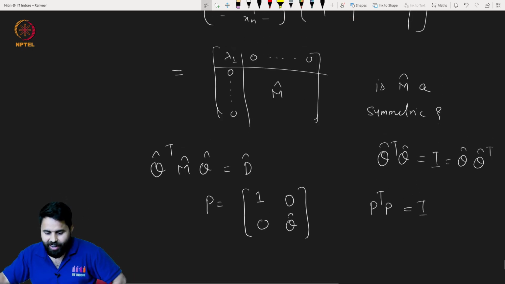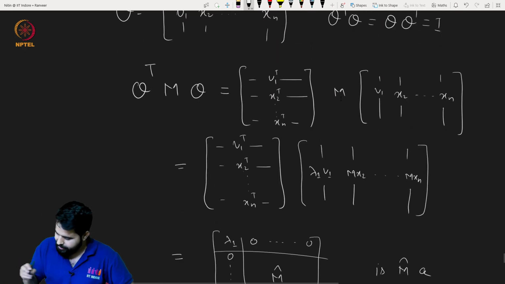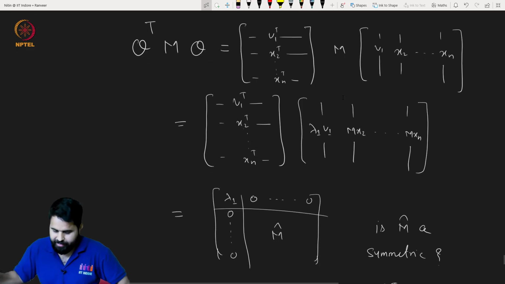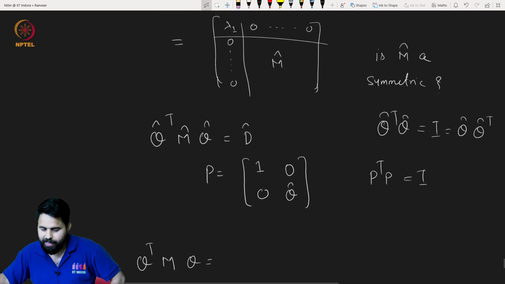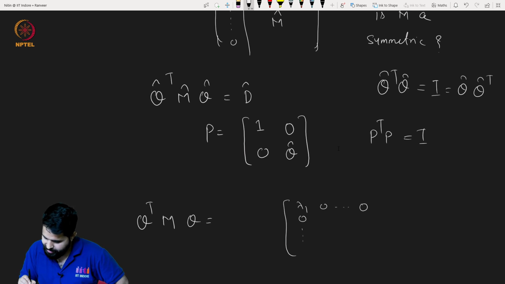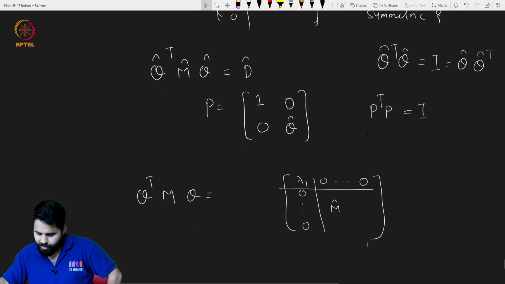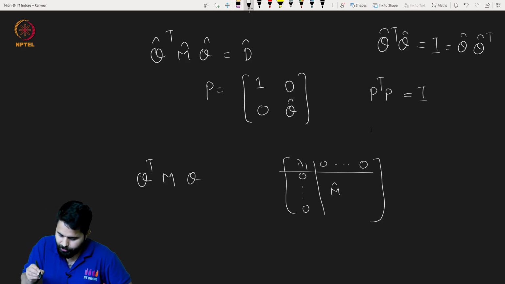Now what will you do? For this equation, remember this equation, let me write this again. So Q transpose MQ was giving us this matrix, right? Lambda 1, then all zeros here also, and this was some matrix M hat or M cap. Very bad with terminologies. Okay, now what will happen if I do this operation?